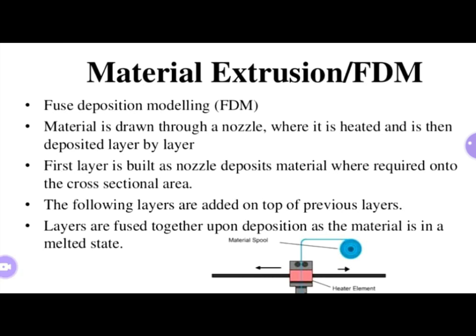That is, here in order to make a 3D model we are going to fuse the metal, that is we are converting the solid material to liquid material, and then we are depositing the material in the form of layers with the help of a nozzle.